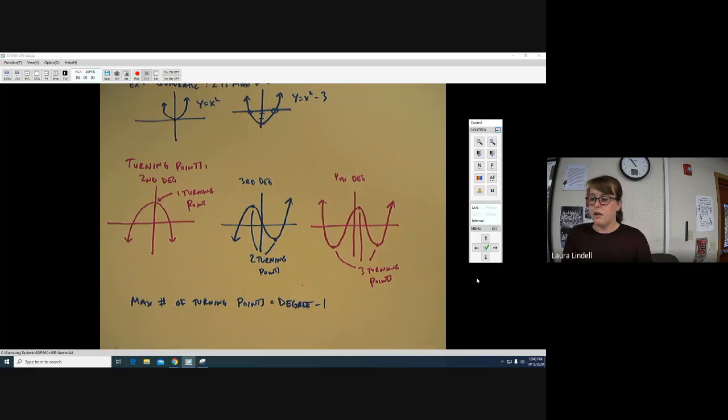Okay. So we've talked about zeros, turning points, and the maximum number of zeros. The last thing I want to talk about real quick is the multiplicity of zeros.